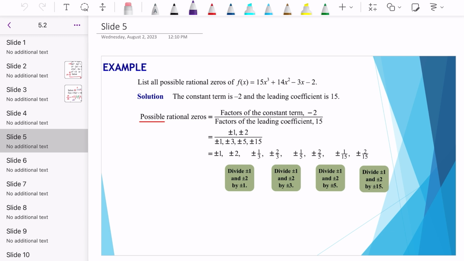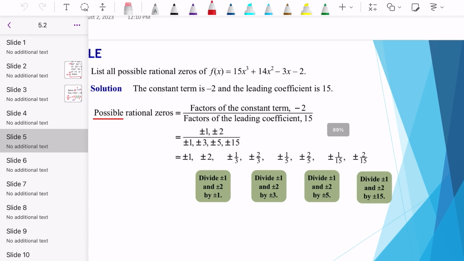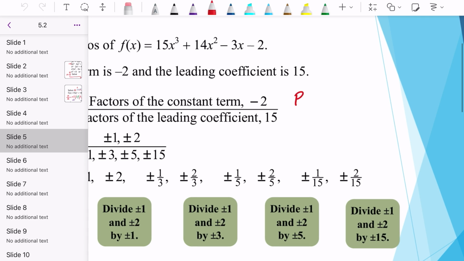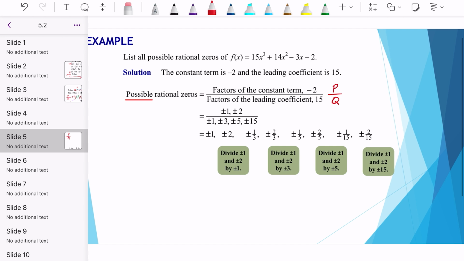Remember, our q is always our first coefficient. Our p is the last coefficient. So in this case, p is a negative 2, q is 15. We will always do p divided by q when we are solving for our possibilities.